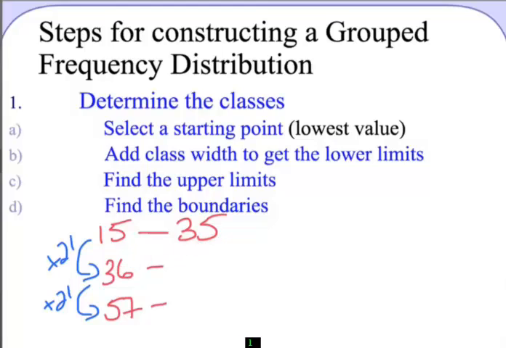Therefore, it's continuous. Once I have my first upper limit, I'm again going to come over here and add 21 to my 35, and I'll get 56, and I'll add 21 again, and I'll get 77. And I can do this all the way down until I get all 6 of my classes.